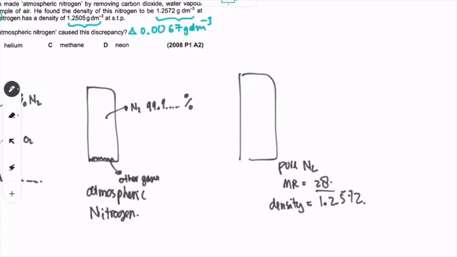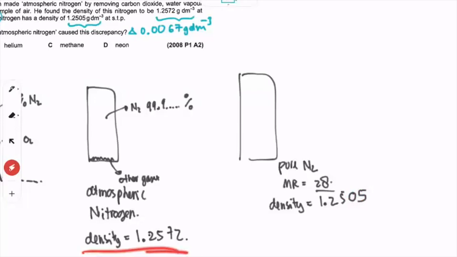Then this one, density here, 1.2572. So this density is higher.